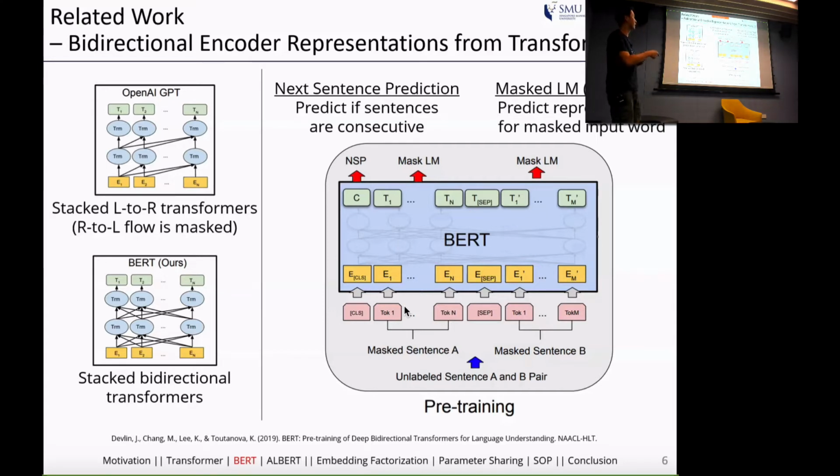So the next sentence prediction is trying to predict if the 2 sentences are going to be consecutive, and then the masked language model is where, before they put the words in the sentences into the model, they actually mask a portion of the inputs, and they want to predict the word that's being masked.